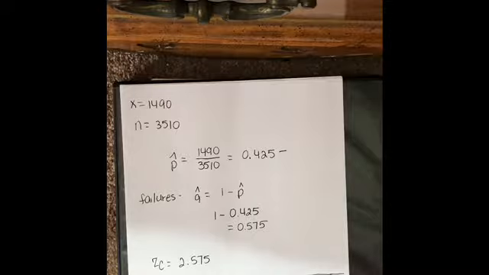So when you plug this formula into the calculator, you should get 0.021.